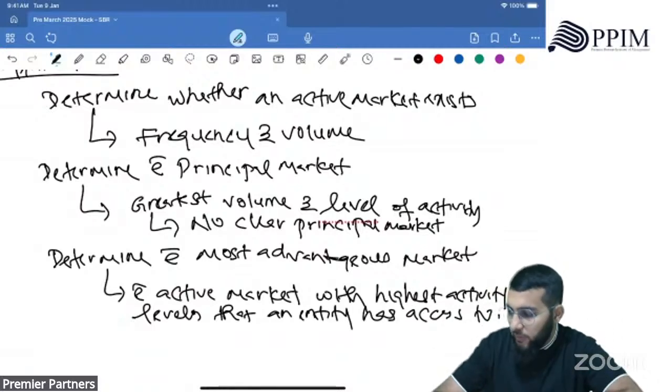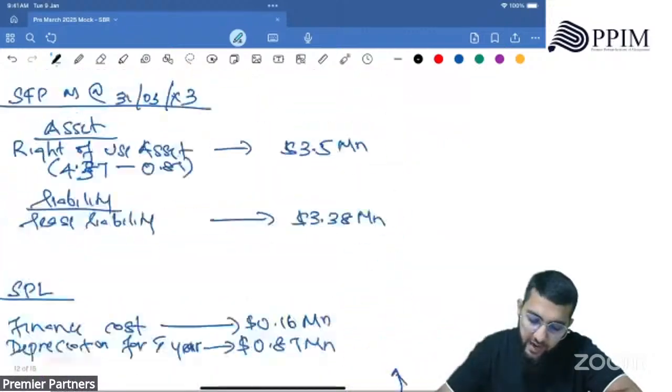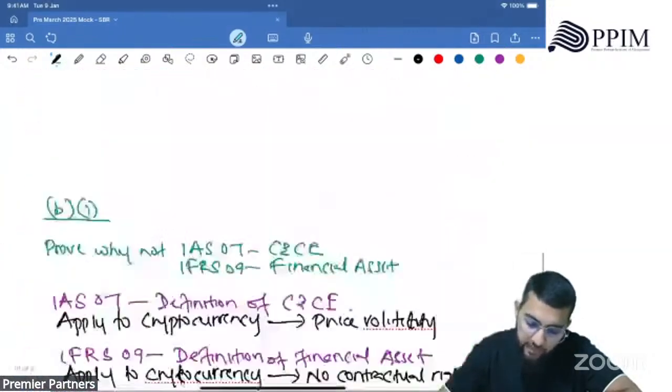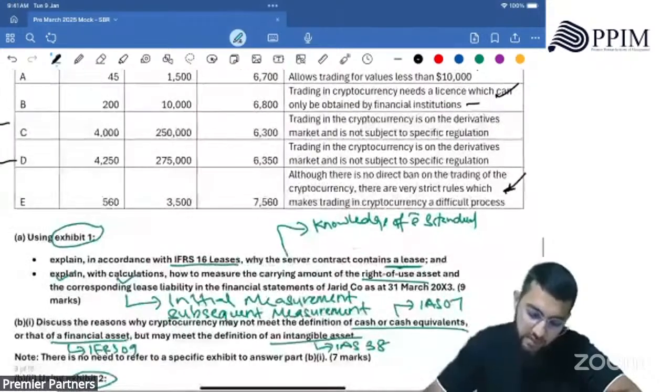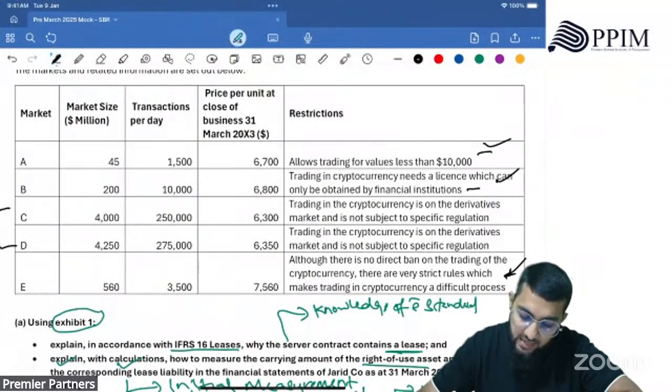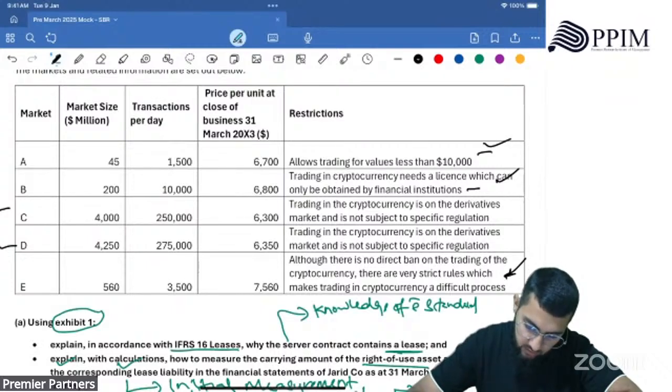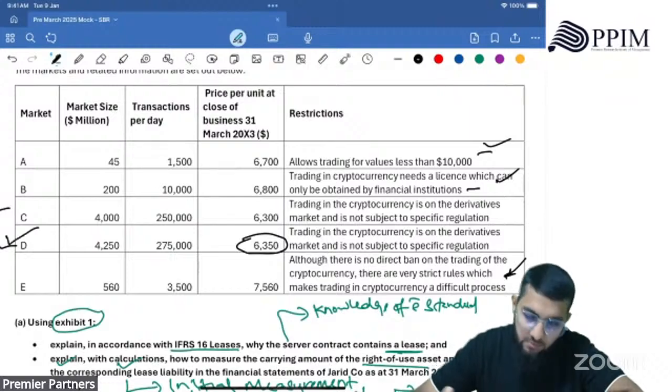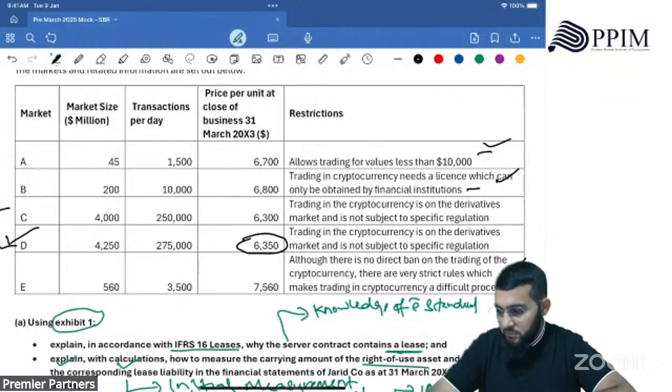Right? And now when we go back, we can understand that the most advantageous market in this case, although not the principal market, is where the price is high. Okay, 6,350. So which is why this becomes the most advantageous market, right?